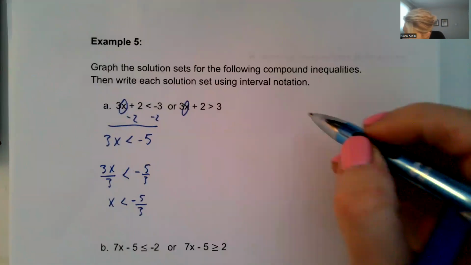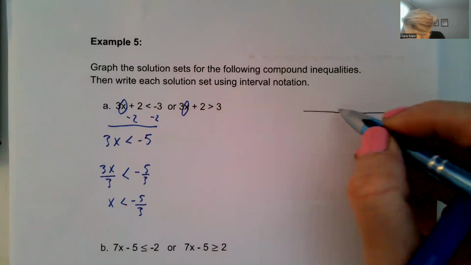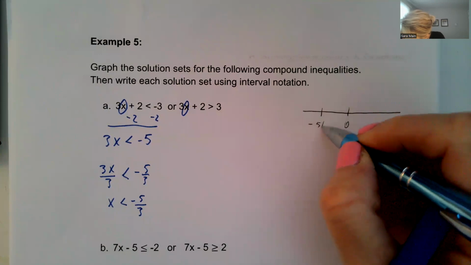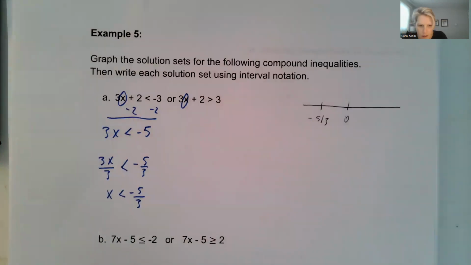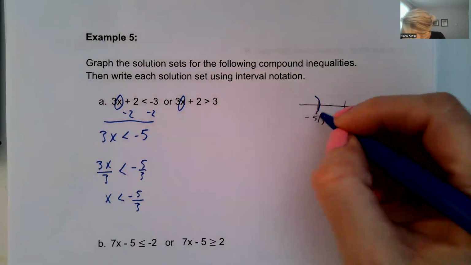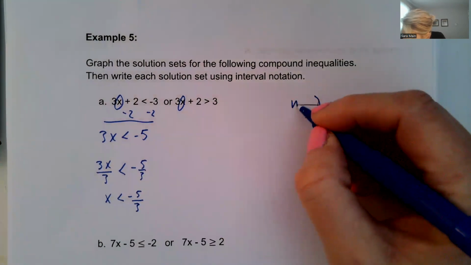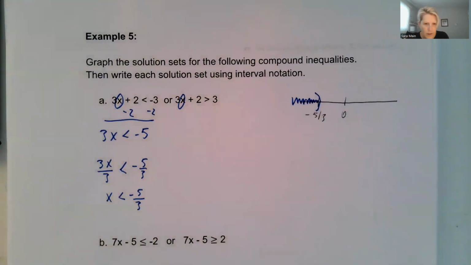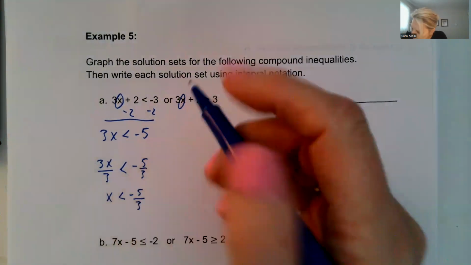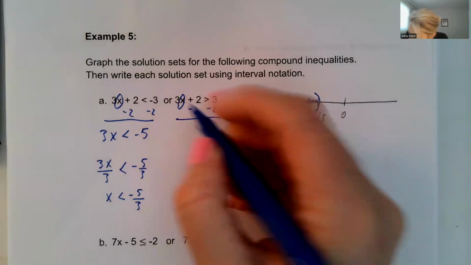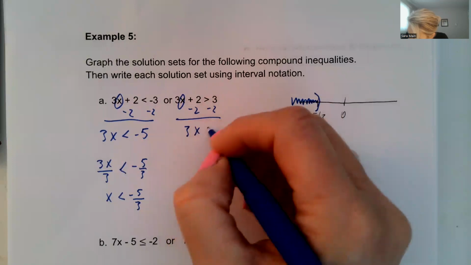So I'm going to draw my number line here. So for this solution, x is strictly less than, so it's an open parenthesis, and it's to the left. And then I'm going to solve for this x in this inequality. So we're going to subtract 2 as well, just like we did before.